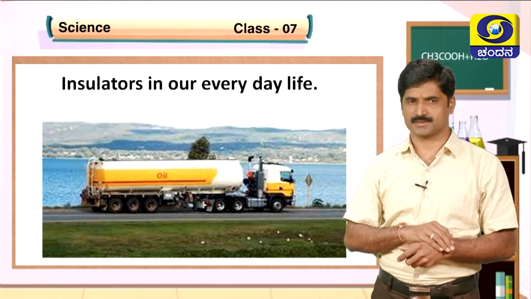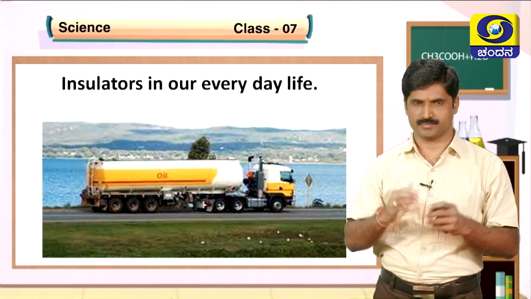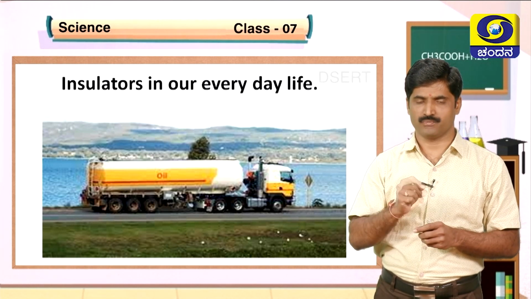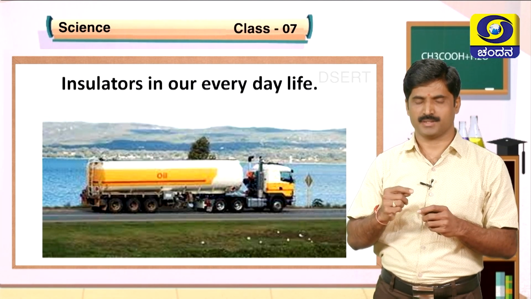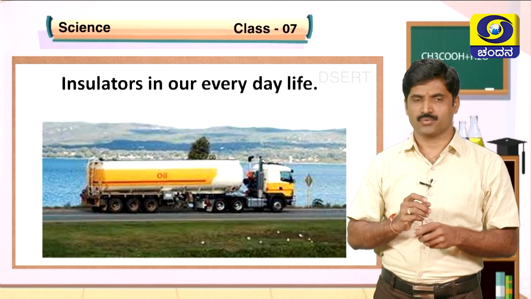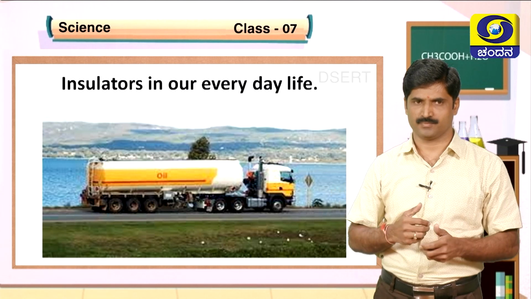What is this? It is a truck. It is carrying highly inflammable liquid. So, the tank is made of very strong material and it is layered by an insulating material also. This way, in our day-to-day life, we use insulating material.